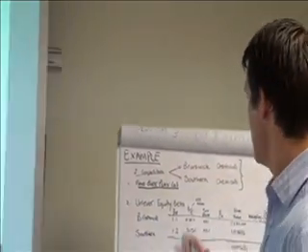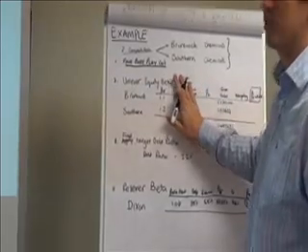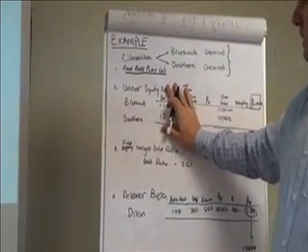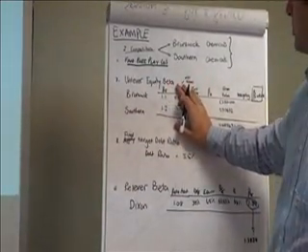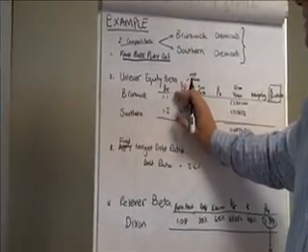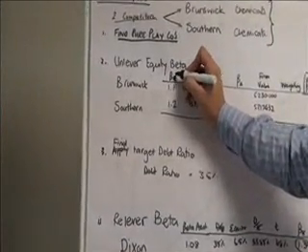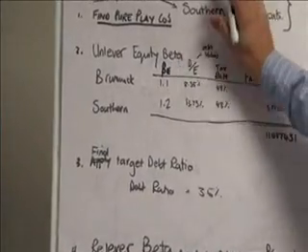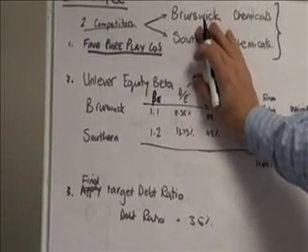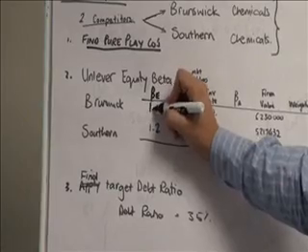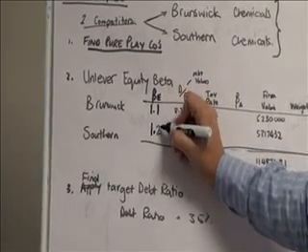So let's just look at an example, and we'll go through it step by step. What we were given is an equity beta for each of the comparative companies, and that's recorded over here. So one was 1.1 and the other was 1.2.